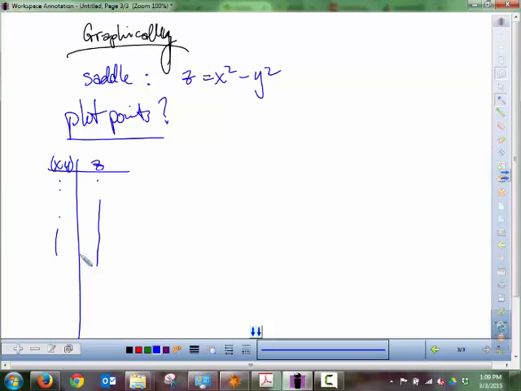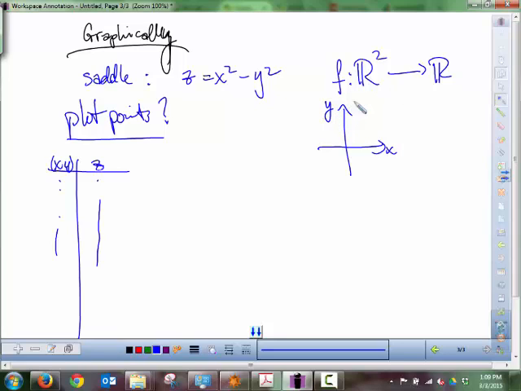Plotting points here would be a little bit stranger because your input is something in R2 and then your output is something in R. You kind of have to imagine putting a couple of things together. One thing you need to put together is the xy plane with a z-axis.